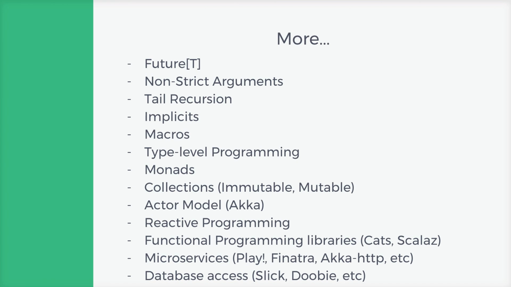Scala has a tail recursion optimization that also has some advantages and some drawbacks. We can talk more about implicits. There are implicit methods, implicit classes, implicit values. One application of implicits is creating extension methods, as we saw in the first slides. We can talk about macros, like the macro for Quicklens for modifying immutable data structures in an easier way.